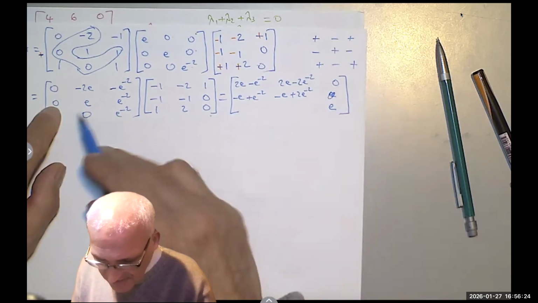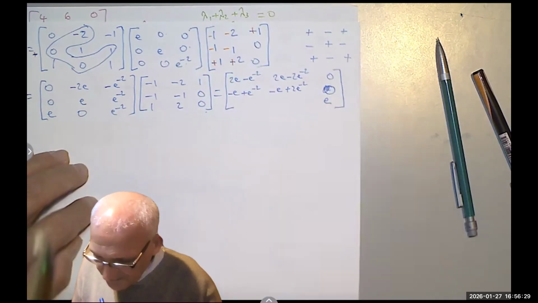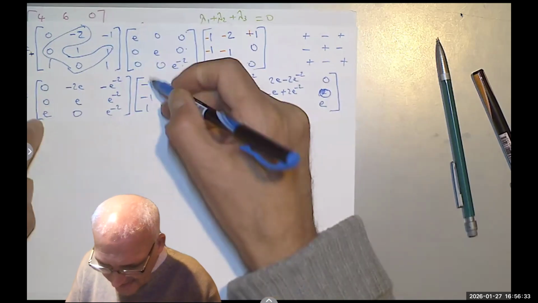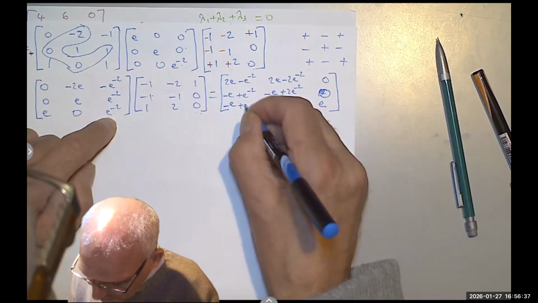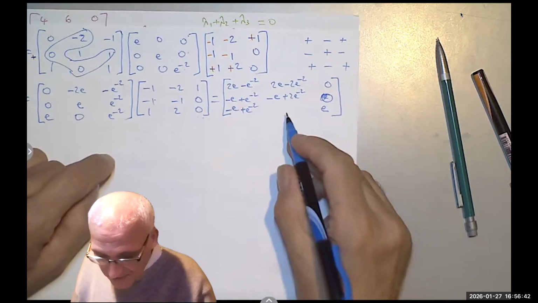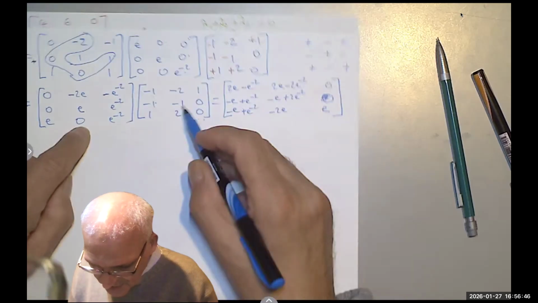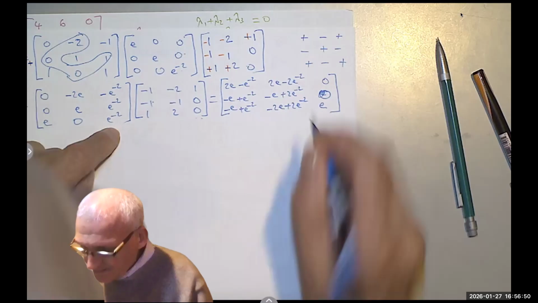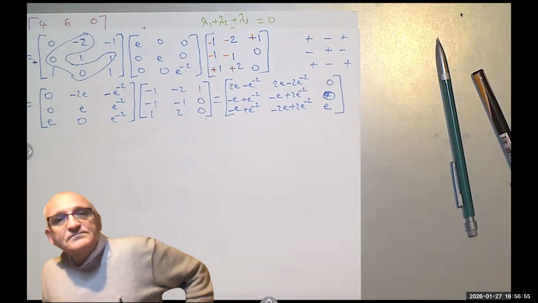I should take the second with the second, 0, 0, 0. That's 0. Third row, first column, -e plus 0 plus e to the -2, which is the same number as that. And last one is here, negative 2e plus 0 plus 2e to the negative 2. And this is e to the A.